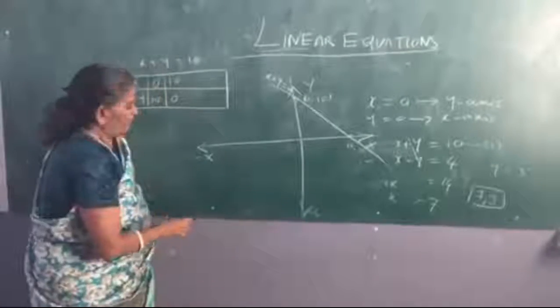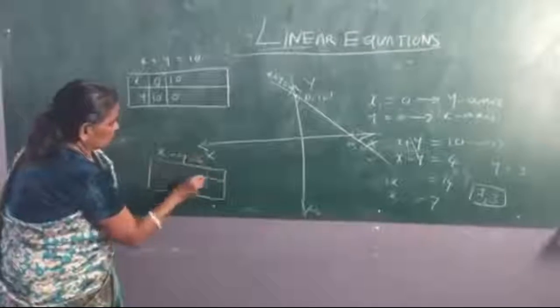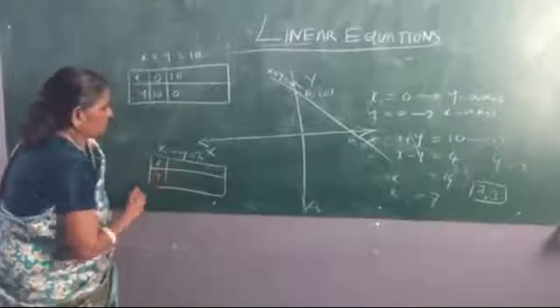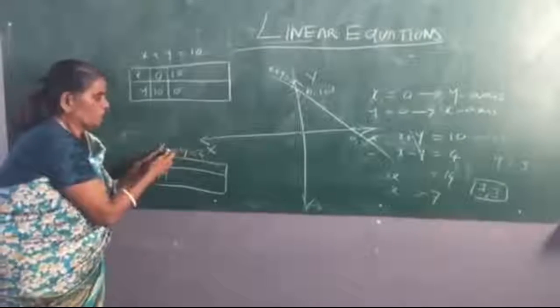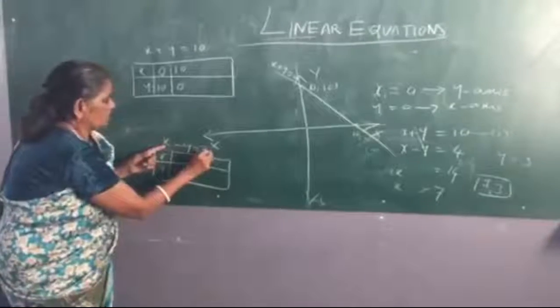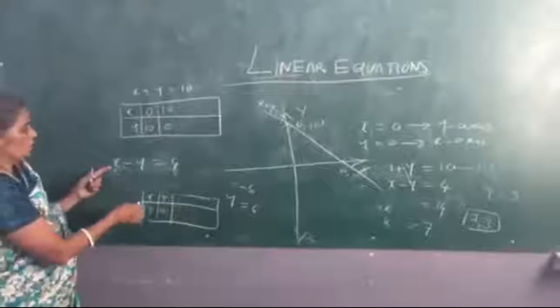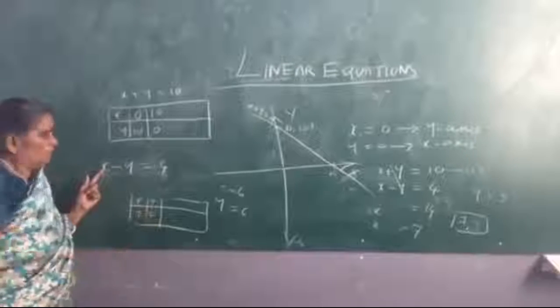Now take the other equation, x minus y is equal to 4. x, y. Now, you give a value for x so that when you subtract some other number, you clearly get 4. For example, if you give x as 4, you know very clearly y is 0.